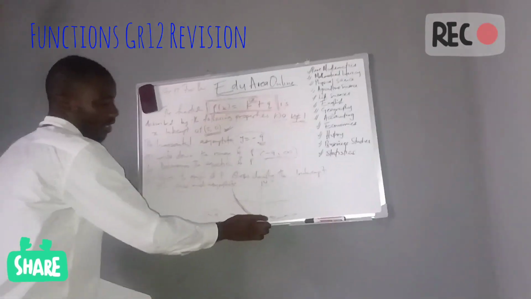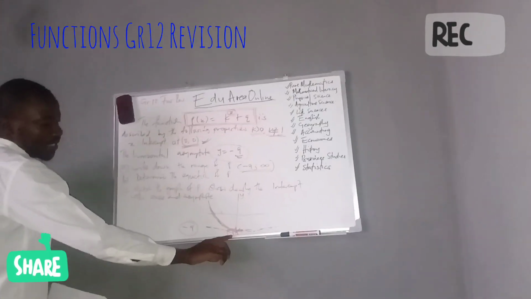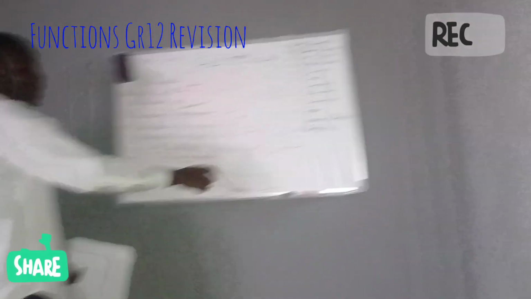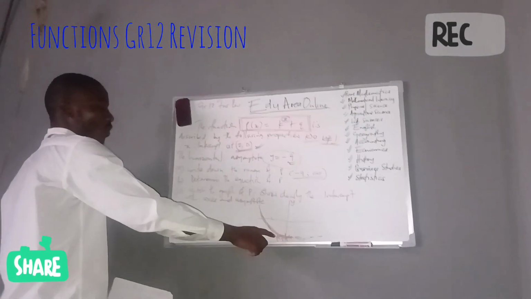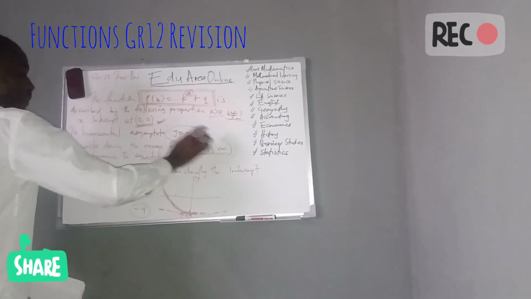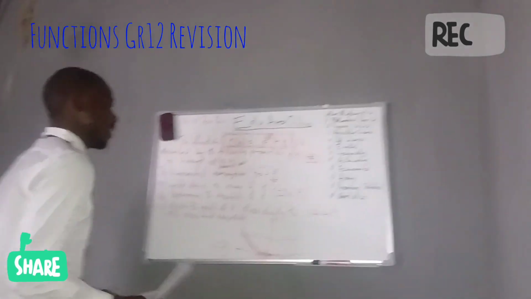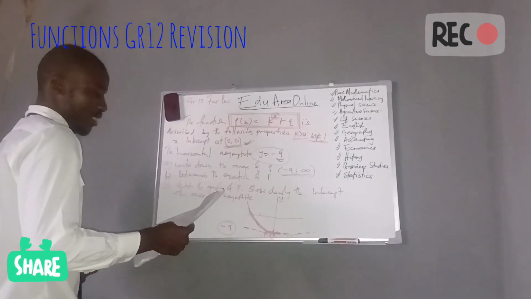It's horizontal because the asymptote moves from left to right. But here we see our graph will grow to a maximum value that we don't know. So the range is minus 9 to positive infinity.